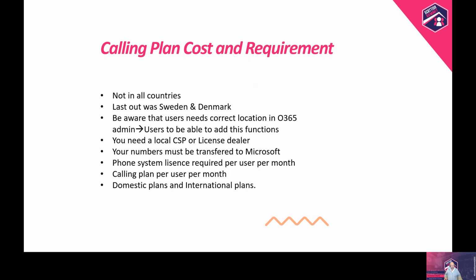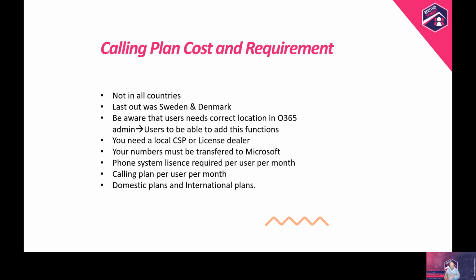So you need several CSP license partners to get this running, because a local CSP cannot sell licenses that aren't available in their country to another country. That must be a local license agreement.